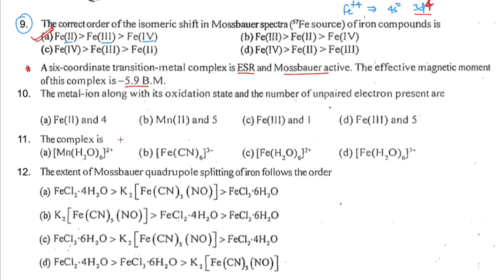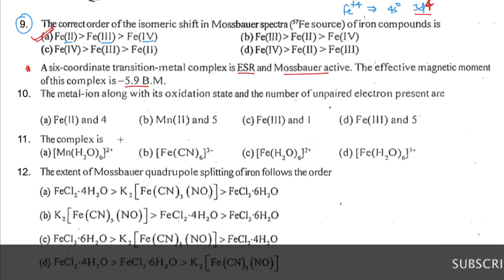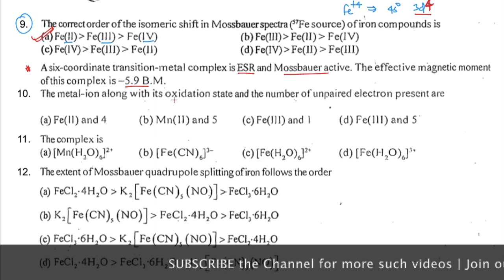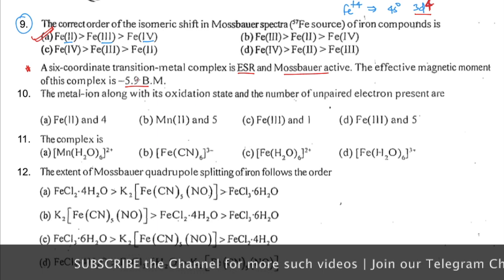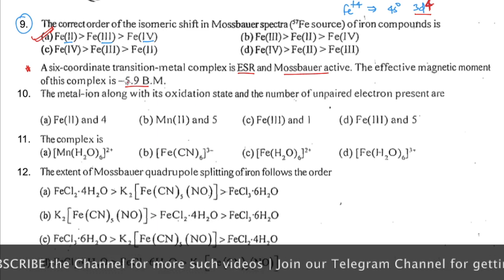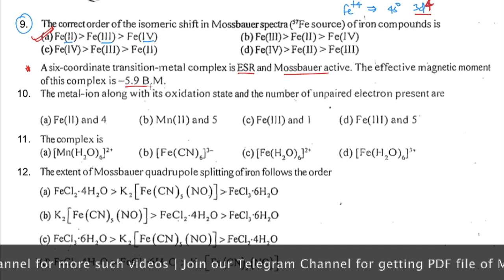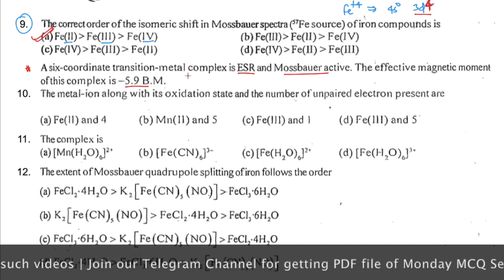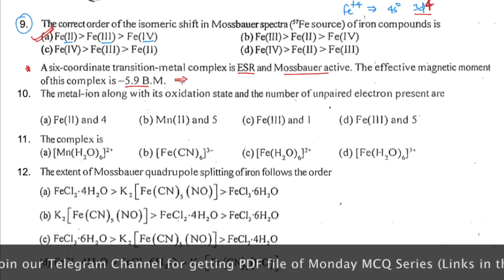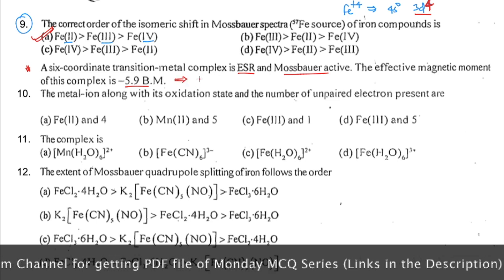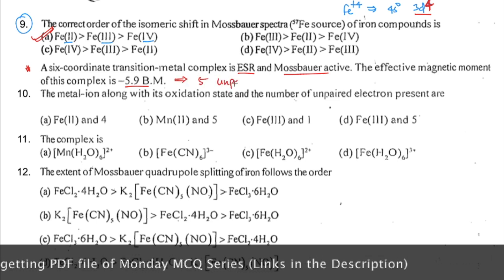So looking at each and every option one by one, we can answer this question. When we discuss the metal and the oxidation state, we see that the effective magnetic moment is 5.9 Bohr magneton. This tells us that the complex should have 5 unpaired electrons.